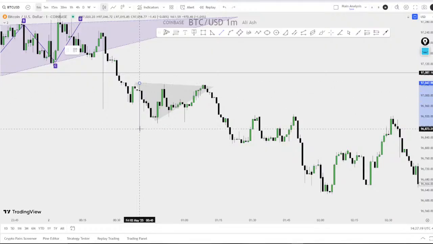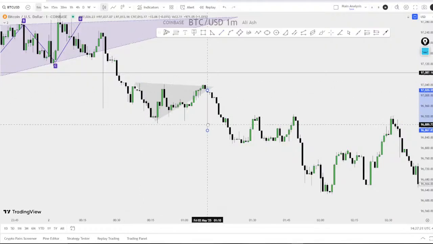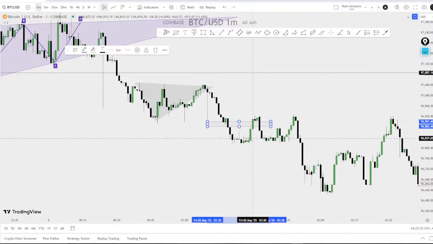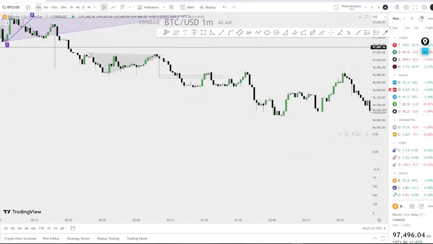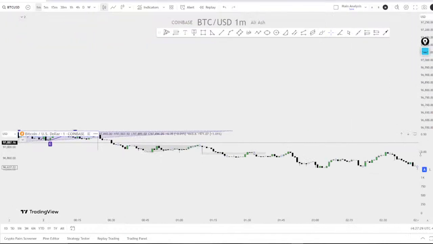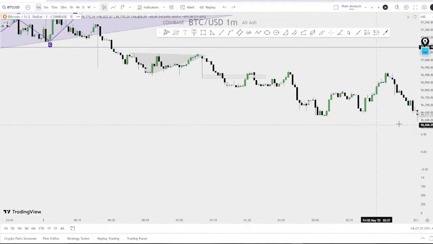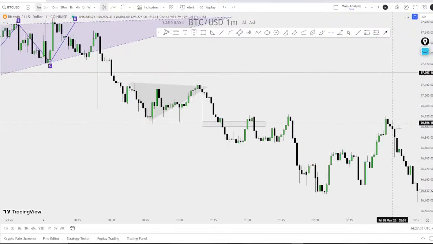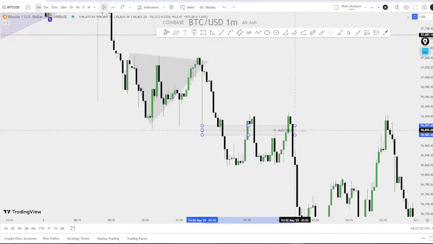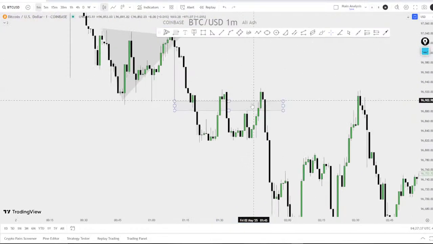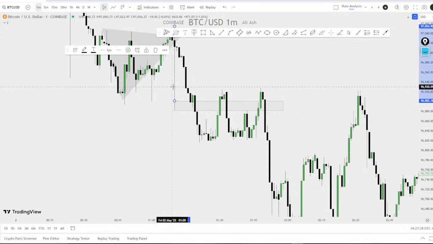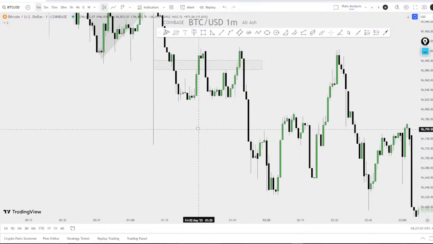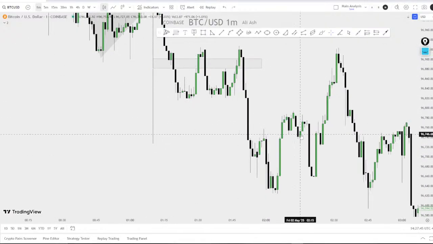You will be using this demand to this, and here you go, we have this reversal here. We had this hammer candle here, and then it went for a double demand, double supply. There you go.